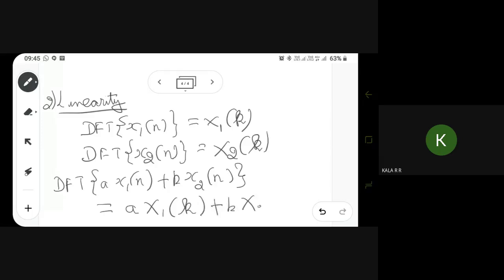Okay, I'll just explain the property alone, and for the proof you can refer to your Anand book. In your Anand book it is very clearly given. The explanation is very easy. You have to take the DFT for the two signals separately and add them, and the constants you have to take out. Then you will be getting the linearity.